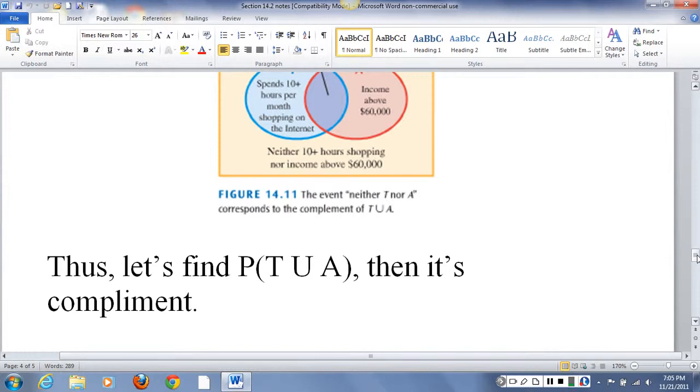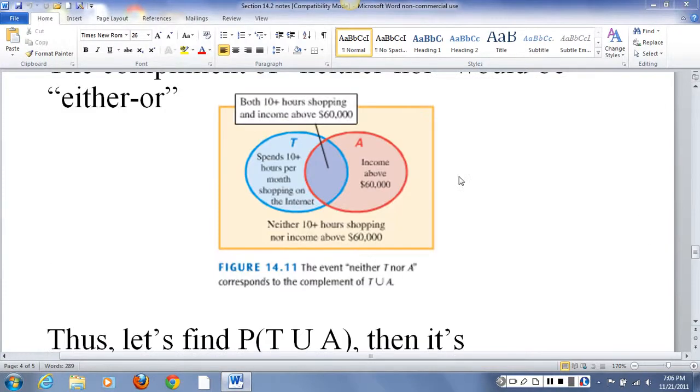So if we want to find the probability of T union A, as you can see here, and then its complement, and you can see in figure 14.1, and before I go, let me just go over this one more time, just to make sure that there's no confusion with this graph.